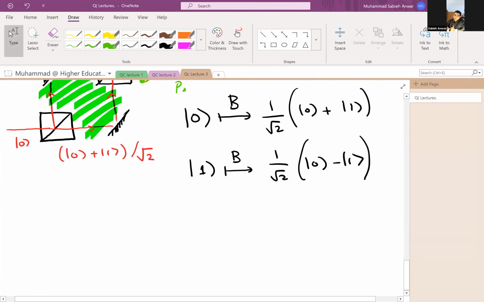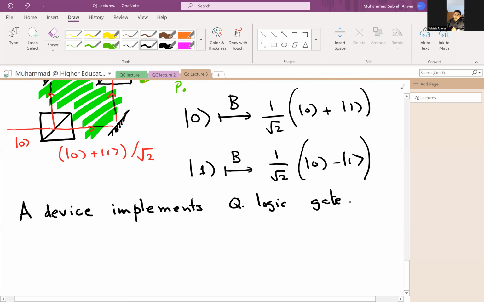So this is an example of what I call a gate, a quantum gate. The beam splitter implements a gate. So a quantum device, which is a part of a quantum process, implements some kind of a quantum logic gate.